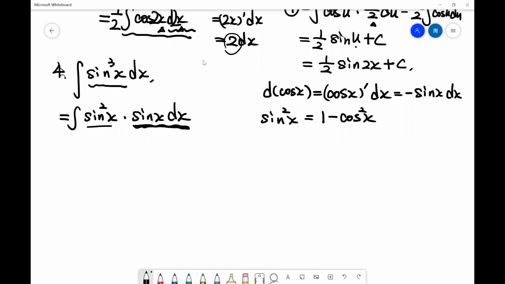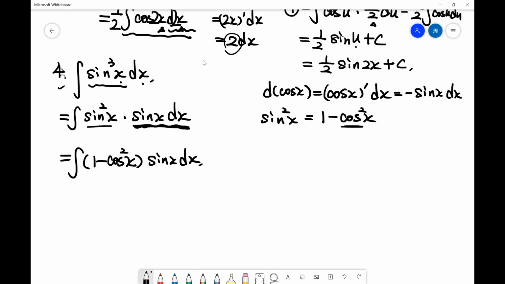So here I have changed the original integral. At first, the variable is x, right? But I have changed the variable to cosine x. That is why I change it. So here, that can be written as 1 minus cosine x squared times sine x dx.